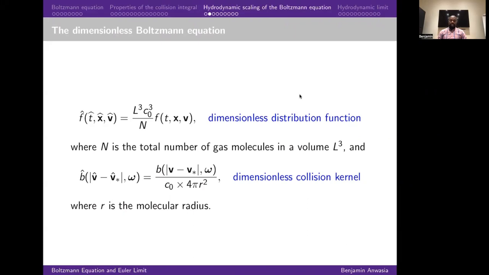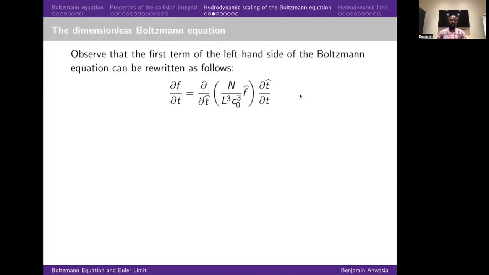Now, using the definition of the dimensionless velocity distribution function, we can rewrite the first term on the left-hand side of the Boltzmann equation as follows. Now, the factor multiplying f hat is a constant, so we can rewrite the right-hand side of this equation as follows.